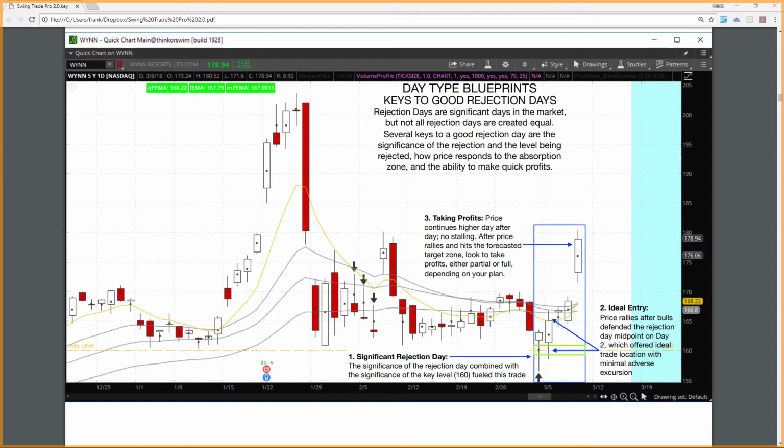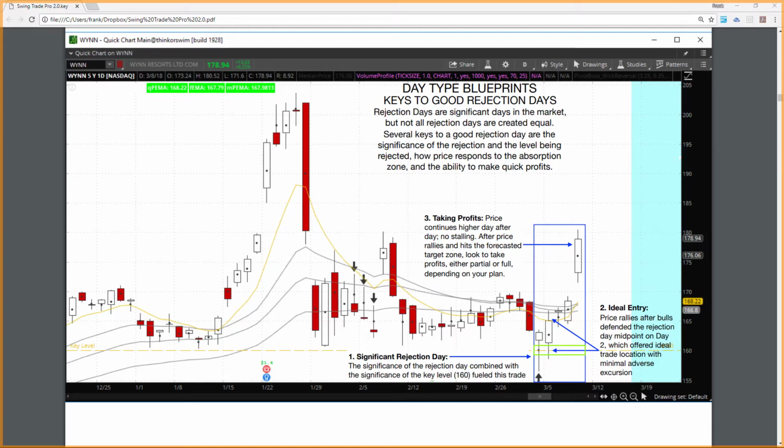So continue to watch it, continue to use it as a launch point, as an absorption point, and any failure to hold that level would ruin the trade. Again, anytime price takes off and pops in your favor, you want to be able to take profits along the way. And so you're either taking partial or full profits depending on your plan of attack.